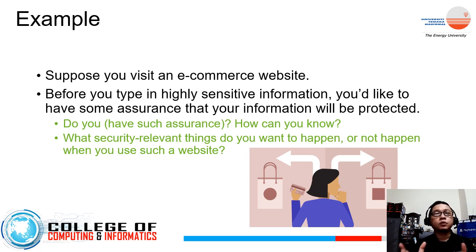You have a password system, for example. Or if you fail to enter your password, perhaps you have two-factor authentication. Perhaps a message will be sent to your phone to verify that you are attempting a login to that particular service. So that is some of the security relevant things you want to happen and not happen.